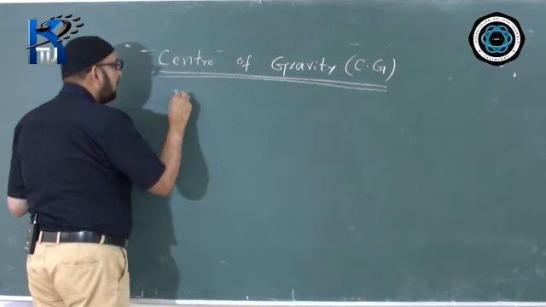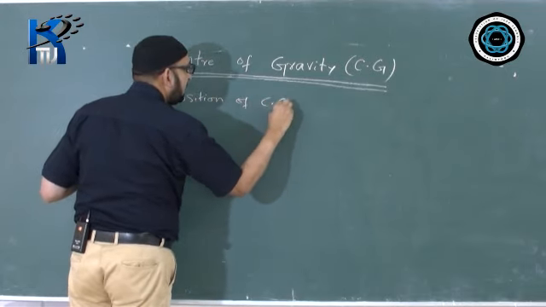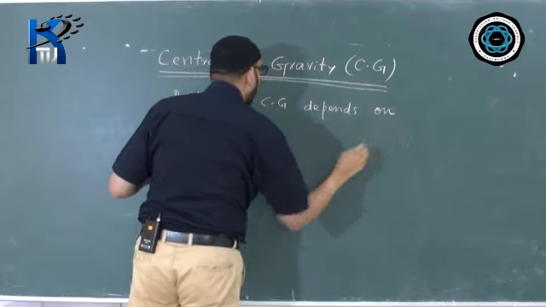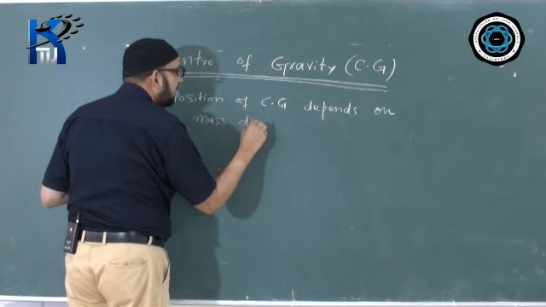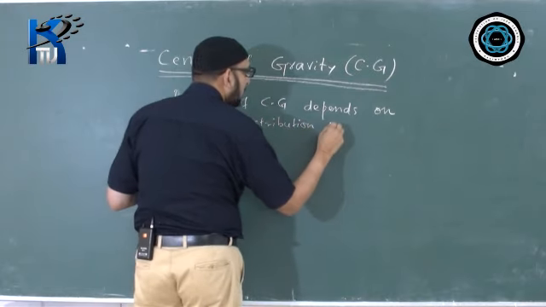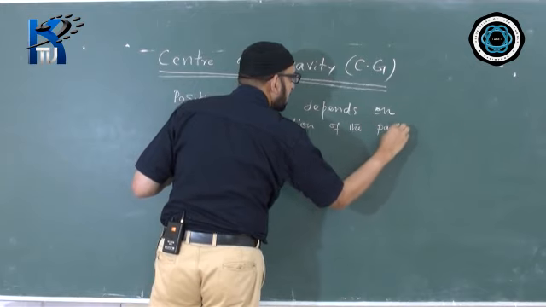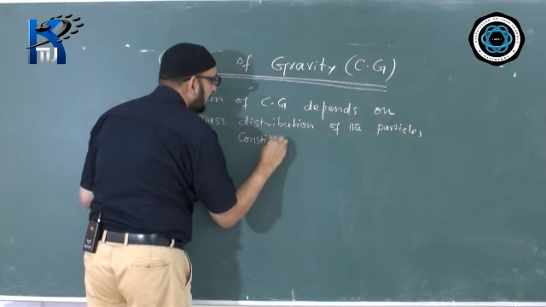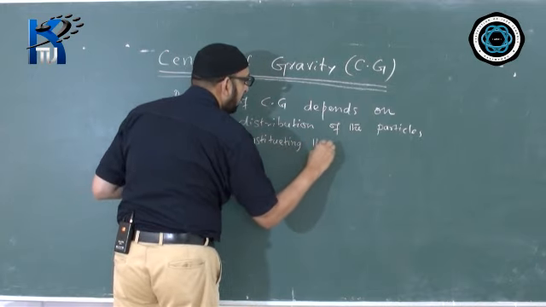Position of CG depends on mass distribution of the particles constituting the body.